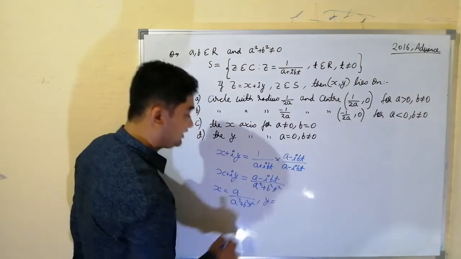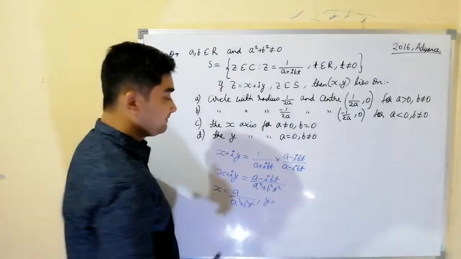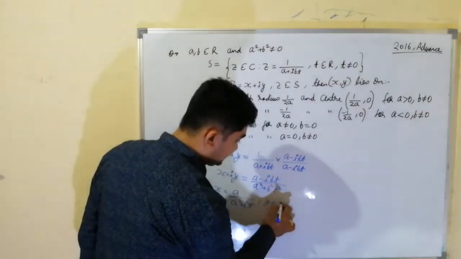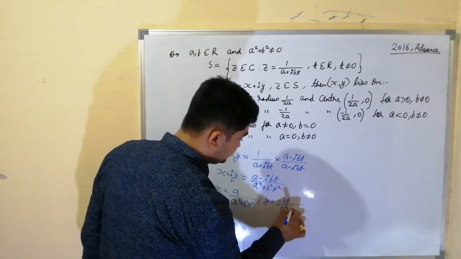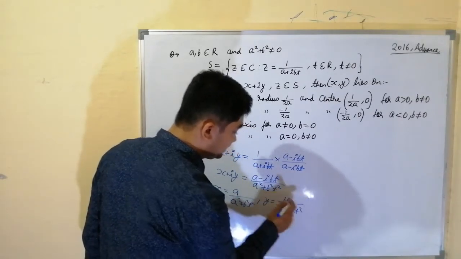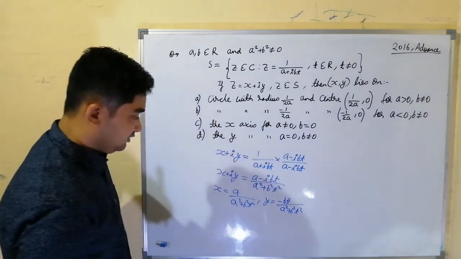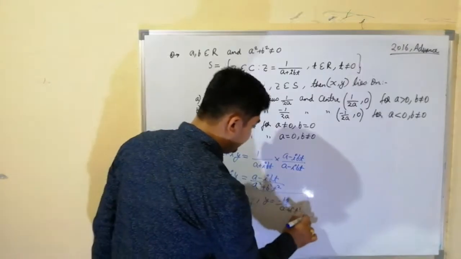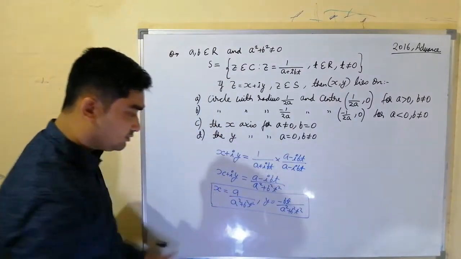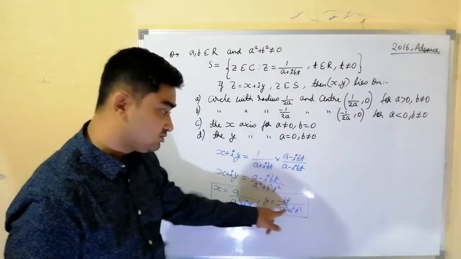Similarly, on the left hand side the imaginary part is y, and on the right hand side the imaginary part is minus bt divided by a square plus b square t square, because the denominator is a real number. Now, looking at these equations, we have to eliminate t. We know x and y in terms of t.